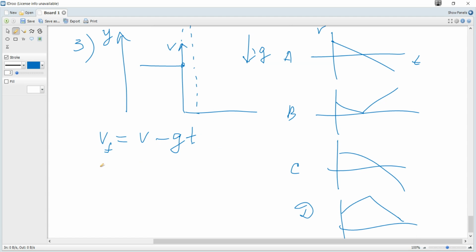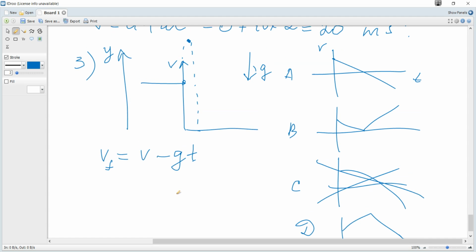And if it's y and t it's x, you can see it's of the form y is mx plus c, and such a graph is a straight line, so it is expected that it should be a straight line, not a curve. So definitely it's not c.